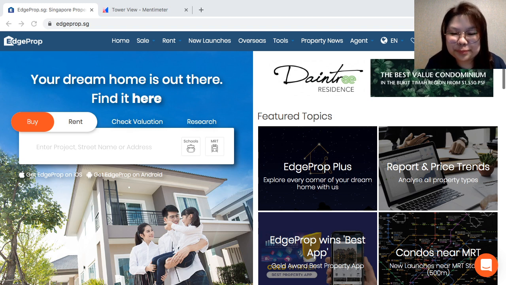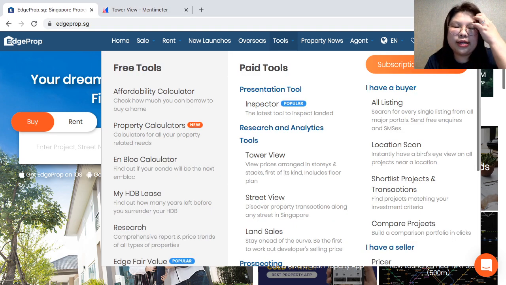So to find the tool called Tower View, all you need to do is mouse over Tools, which is on the top somewhere center of the website, and look for Tower View, which is under the category of Research and Analytics Tools. Tower View is somewhere in the center under the Paid Tools section.